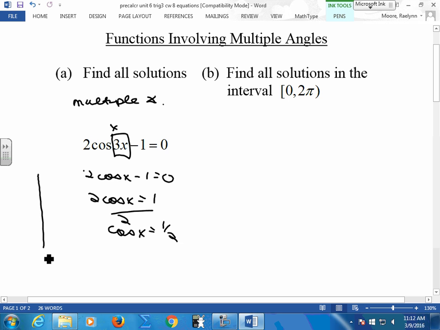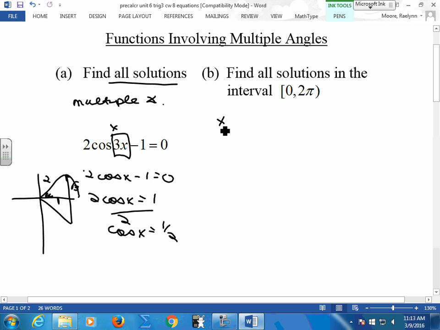Now, where is cosine positive? Quadrants 1 and 4, wherever x is positive. Cosine is 1 over 2, so what angle is this right here? 60. So how many times does 60 go into 180? 3.